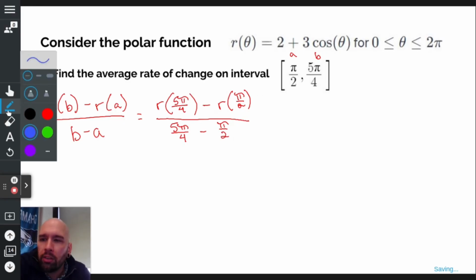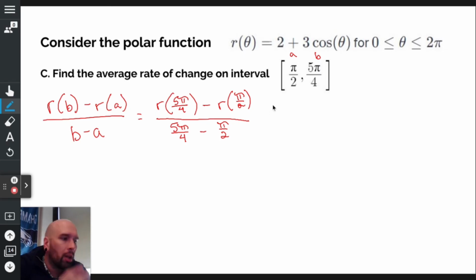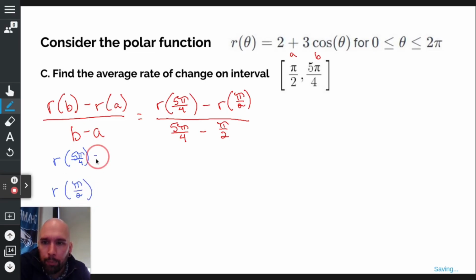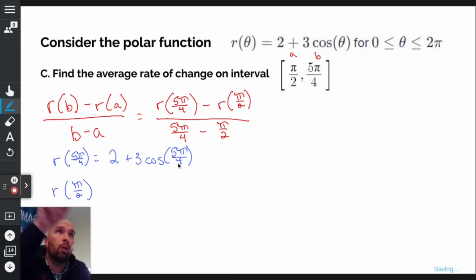So I'm going to step to the side here and take my time because I'm going to need the space, and show what r of 5 pi over 4 is, and then I'll do r of pi over 2 directly underneath that. Okay, so we're going to have 2 plus 3 cos 5 pi over 4. 5 pi over 4 is quadrant 3, so that's negative root 2 over 2.